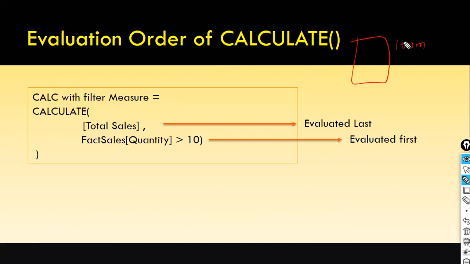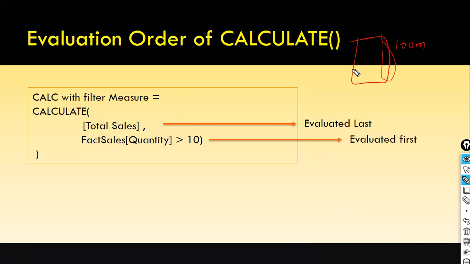If I ask you to find out the total sales for those transactions where the units sold were more than 10, and you do the total sales on the entire 100 million records and then do the filtering, does it make sense? No, right? That is a waste of time.